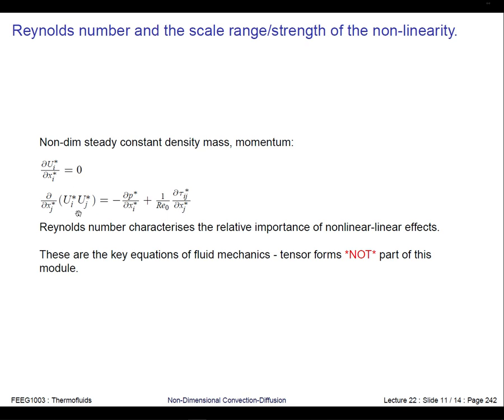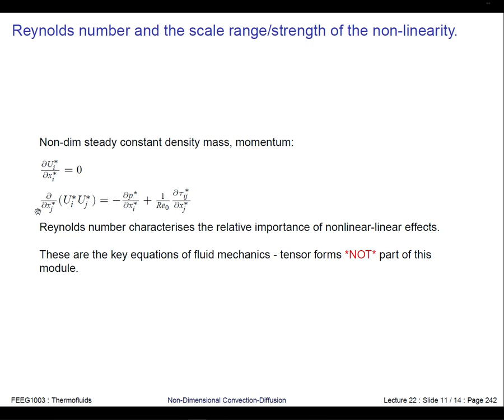So these i's and j's are tensor notation, and they just tell us that something with an i or a j is a vector, and if you've got an i and a j, it means it's a tensor. But don't worry about this, it's not important. What I want you to understand is the Navier-Stokes equation fundamentally has 3 terms that are of interest.